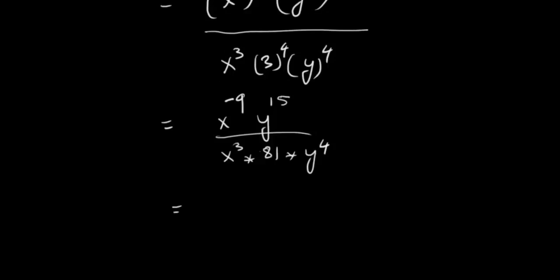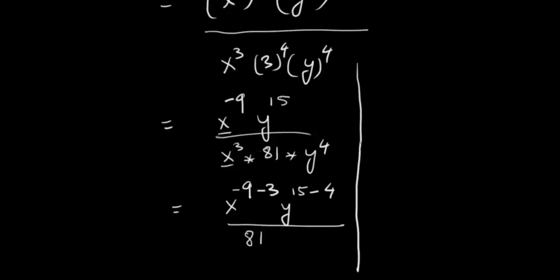And now here the x bases are the same, so we'll just write the base once, and whatever is in the denominator will change sign from the rule. The top one will remain the same, and for y too the top one will remain the same, while the denominator one will change sign. So remaining in the denominator is just 81. Now I'll write over here, x to the negative 9 minus 12 will make negative 12... x to the power negative 9 minus 3 will make negative 12, and y will be 11, over 81.